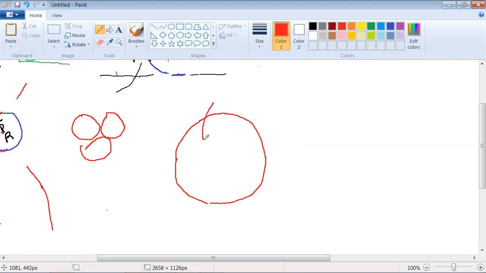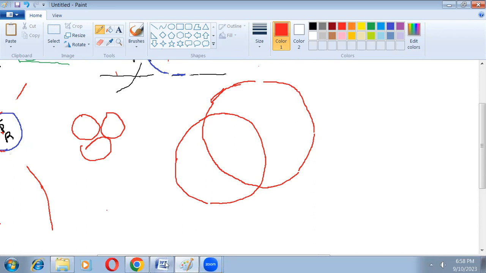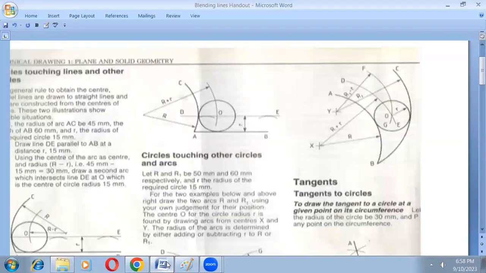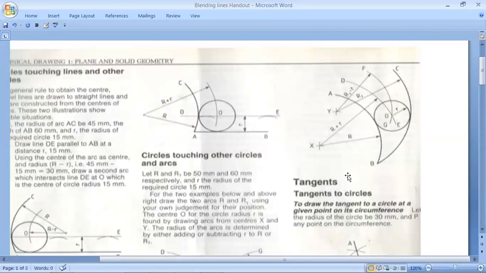And we have another circle, right, intersecting this one here. Right, another circle intersecting this one here. You can see in here, right, one circle intersecting the other, 1 and 2 in this case here.